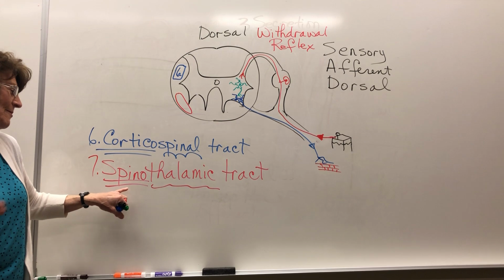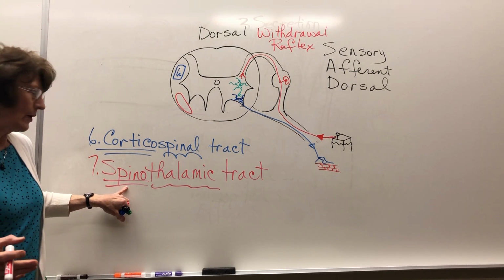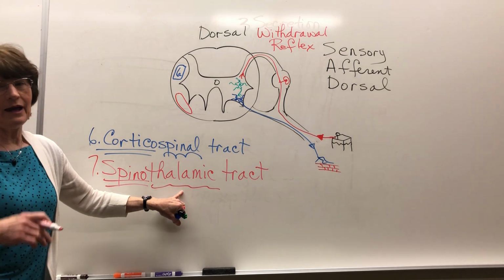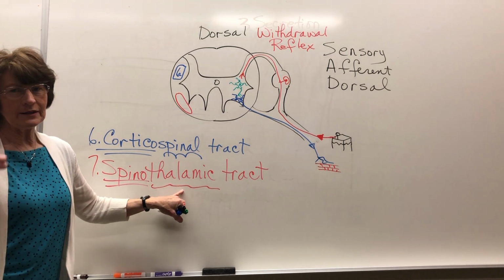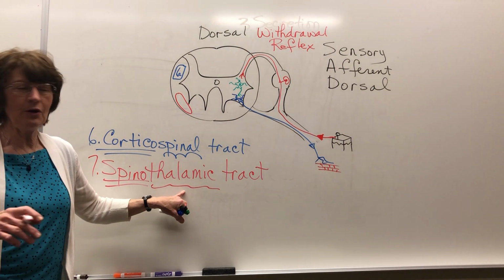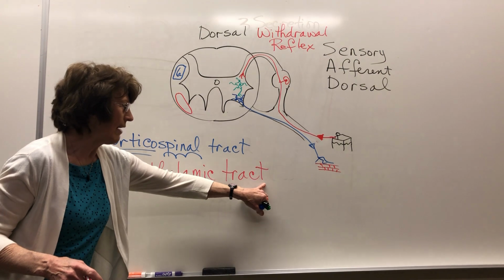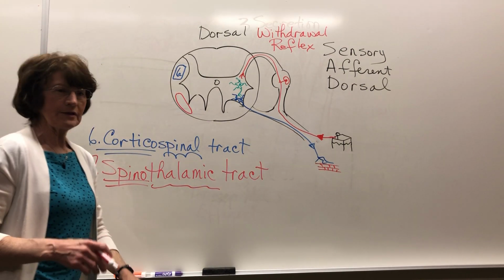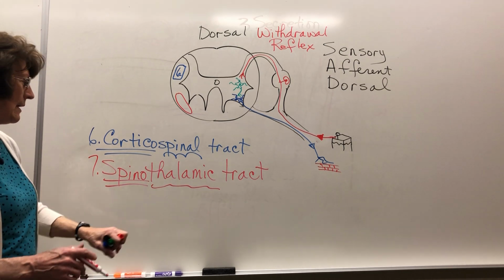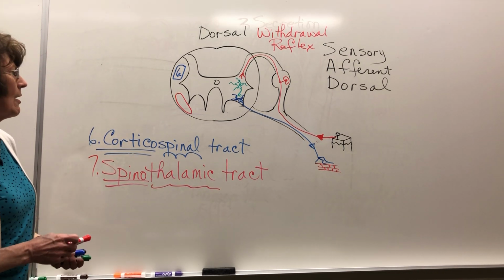And sensation from the arms, the hands, the legs, it's coming to the spinal cord, to the thalamus, and it's relayed on to the parietal lobe where it's identified that it was your hand or your toes. And so then spinothalamic is going to be afferent, it's like this one, and it's going to go for sensation. So this one is sensory. This one is motor, and we've got those.